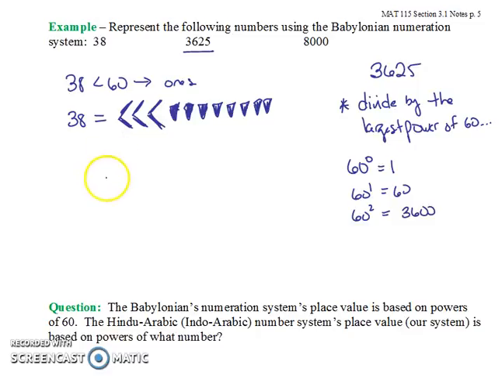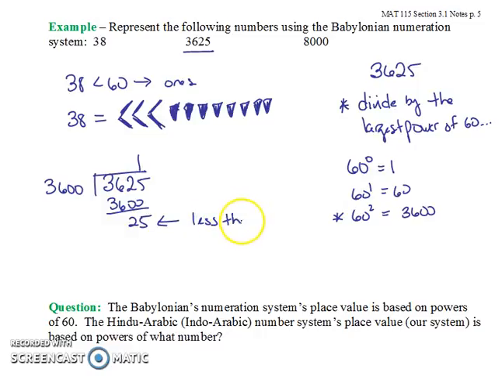So we're going to take that 3,000, that 600, and that 25, and we're going to start by dividing by the largest power of 60 it'll divide into it, and that's 3,600. It'll go in there one time. We're left with a remainder of 25, and that's our one spot. So that's less than 60, so it's in our one spot. 60 won't go in there.